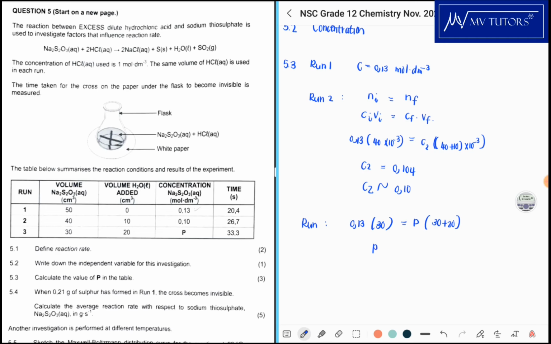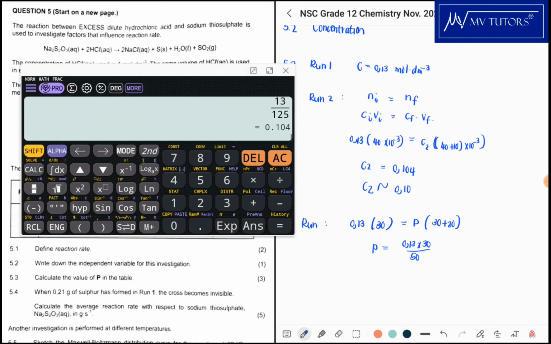So P is 0.13 times 30 divided by 50. And that is 0.078. If we round it off, it's 0.08 mole per cubic decimeter.